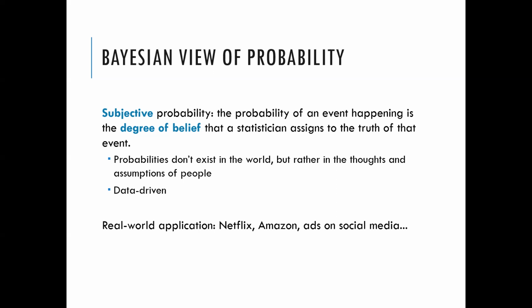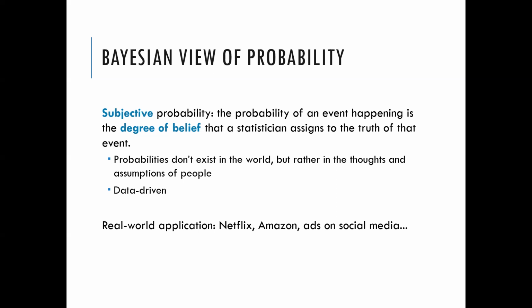So what's some real-world application of Bayesian statistics? For example, if you're watching Netflix and then it suggests shows that you might be interested in, that's based on shows that you've watched in the past. And as you watch more and more shows, there's a machine learning process behind that that's gathering that information and analyzing it and then making new suggestions to you on Netflix.